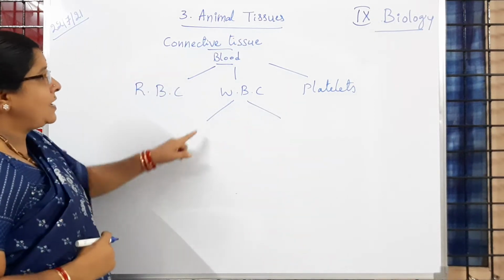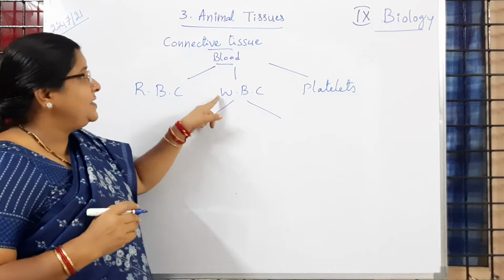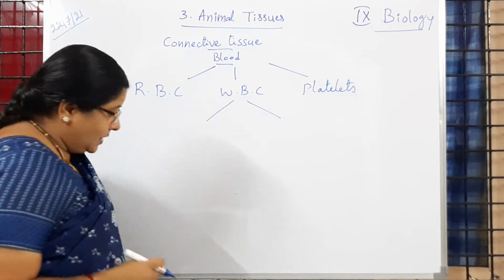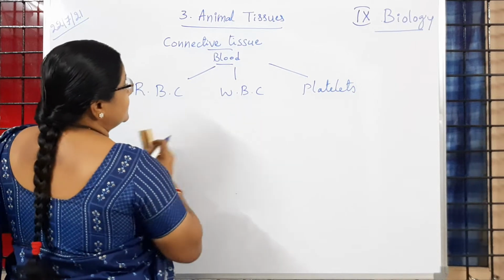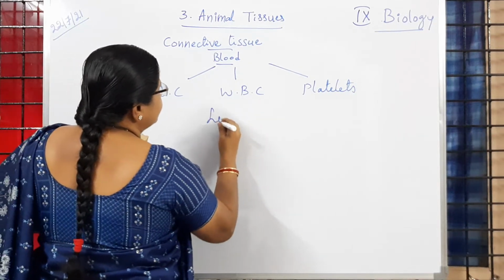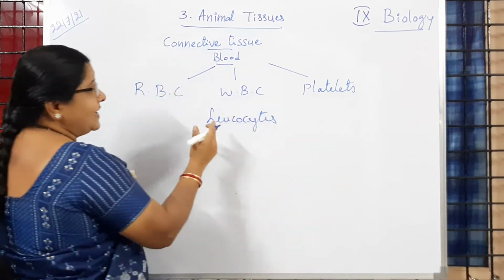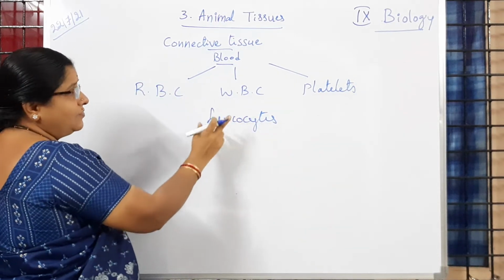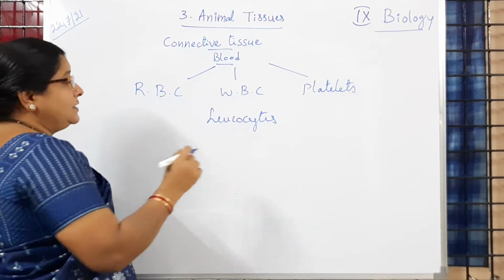Before we go for the types of WBC, WBC are also called leukocytes. Leuco means white, colorless. Okay, why? Because they do not have hemoglobin. Is it clear to you?